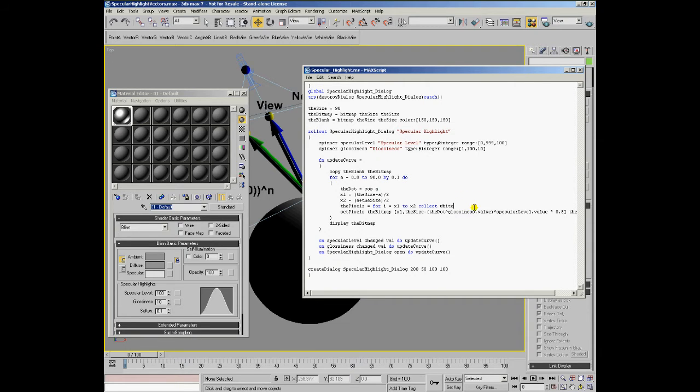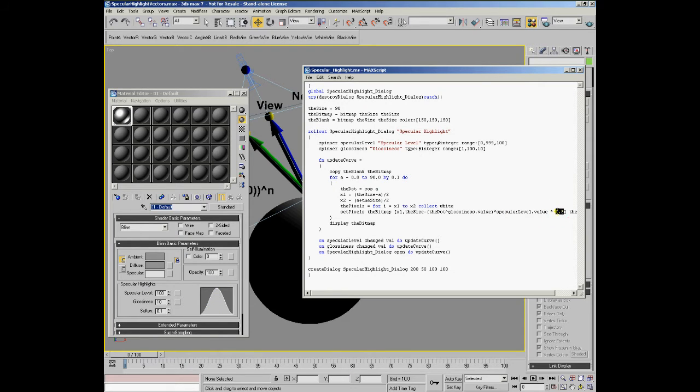This means that our curve in this part of the equation is going to always deliver numbers between 0 and 1. And the specular level then multiplies this value in order to give it the strength, the level, the height that we want to achieve.